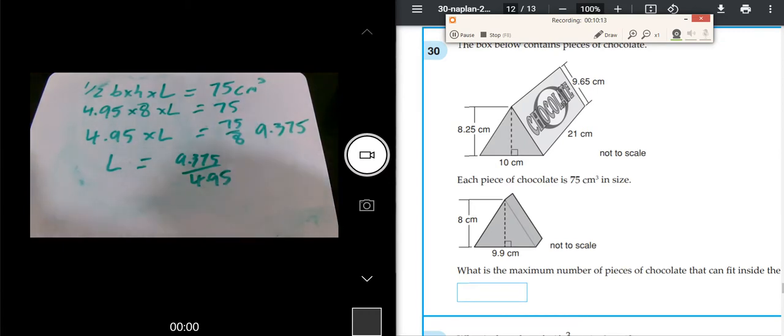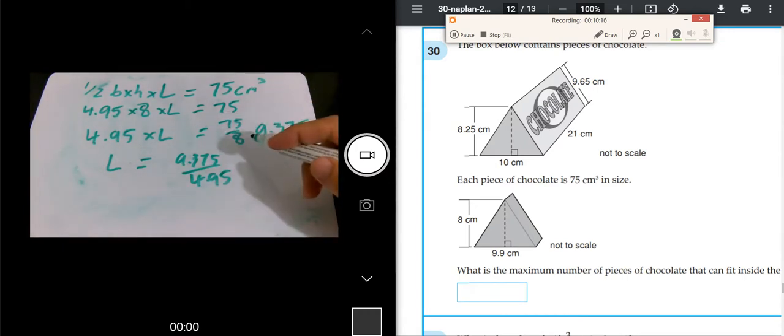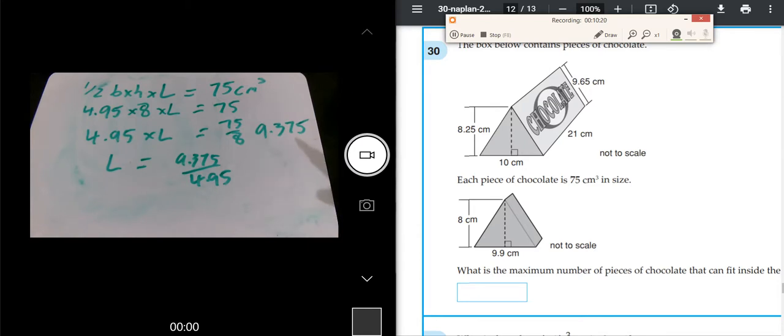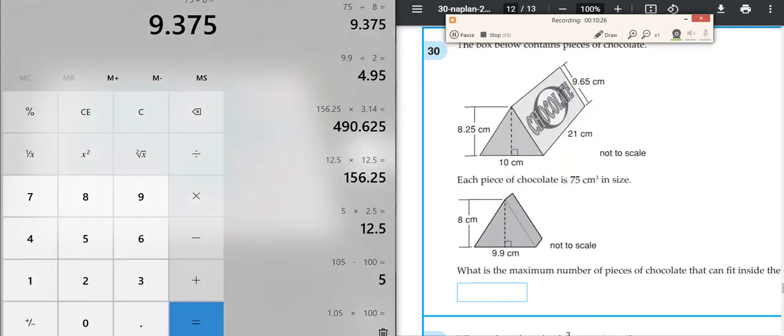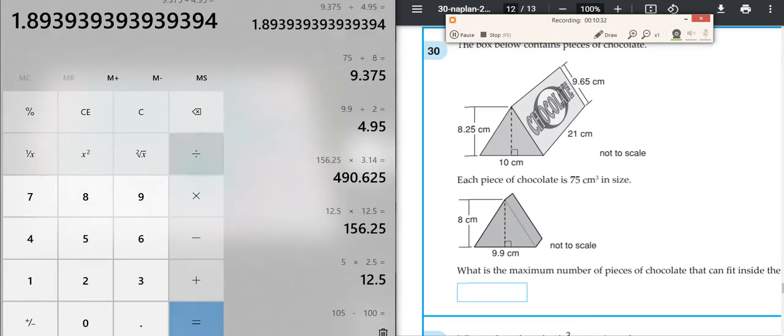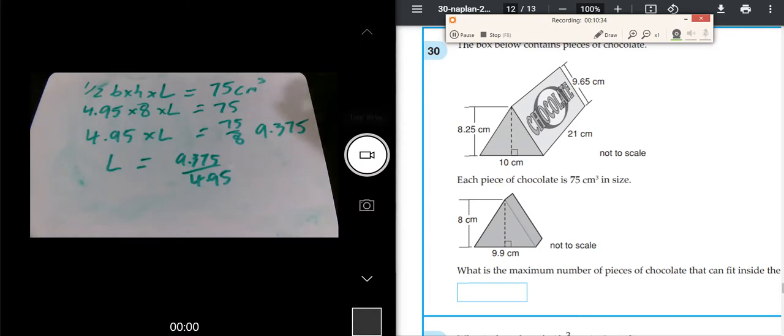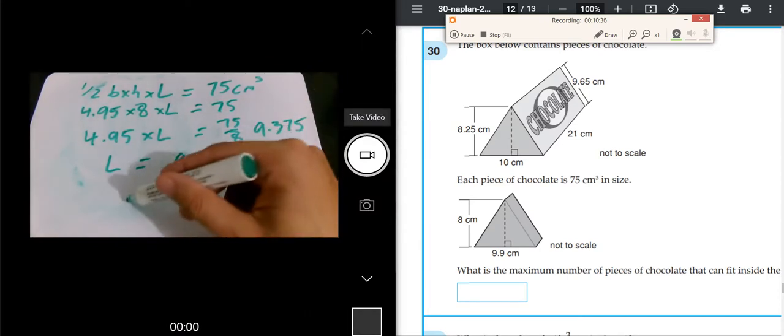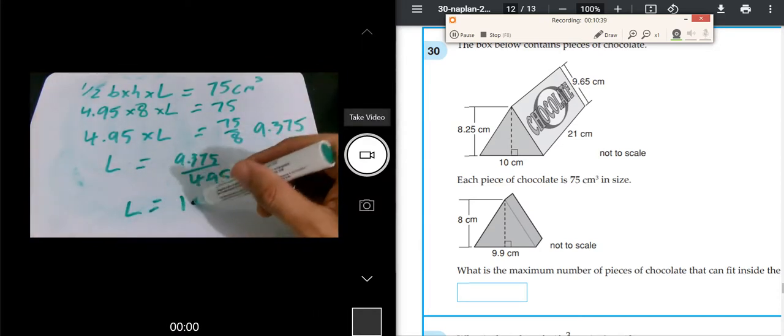Hopefully we remember that for fractions, numerator divide by denominator. So that's just another way of using a divide sign, of dividing one number by another. So if we do this as well in the calculator, if we divide that by 4.95, it gets us about 1.9. We'll call it 1.89. L equals 1.89.